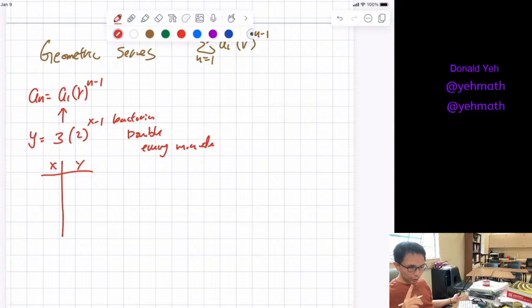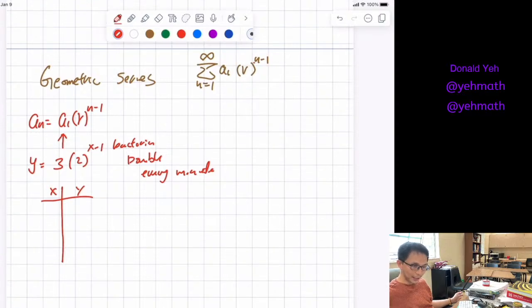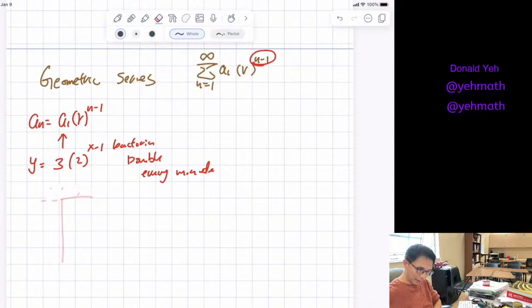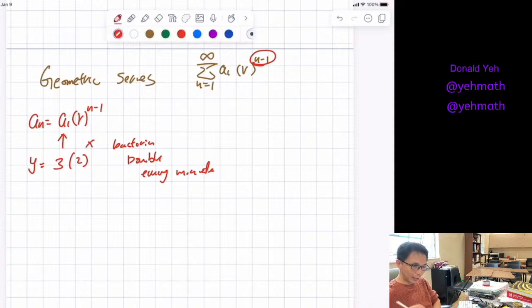Oh, sorry. The growth equation is a1 r to the n. But in this case, you wanted to have n minus 1, so it's a little bit different. The geometric series has n minus 1 here. That's very, very important. So let's erase this. That's not a good example. This is the a1, your beginning value.